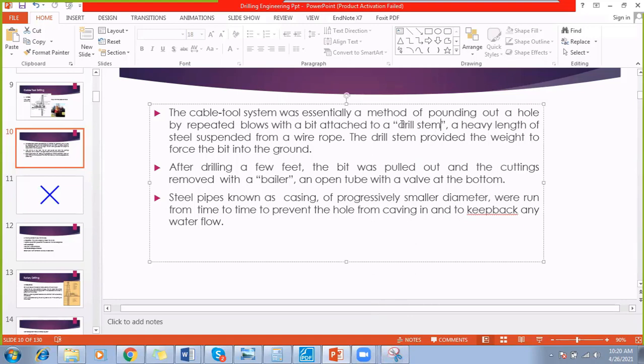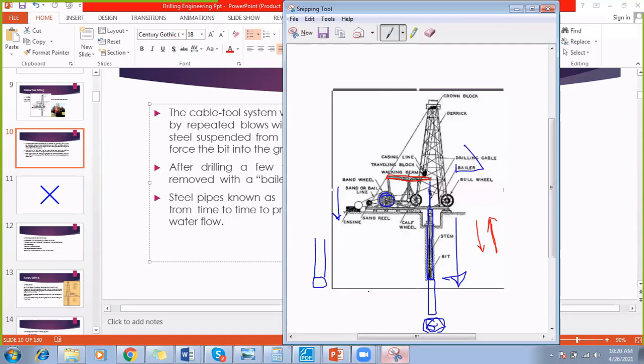Now what is the drill stem? The drill stem is the assembly that, you can see, is written here as drill stem. So what is the drill stem? The drill stem is a combination of the components that are present in the borehole for the drilling action. So what are these components?